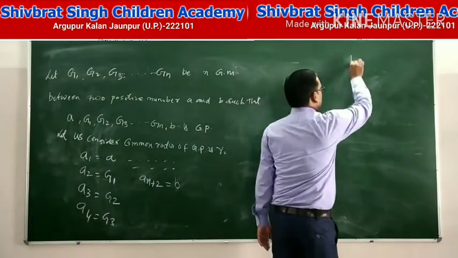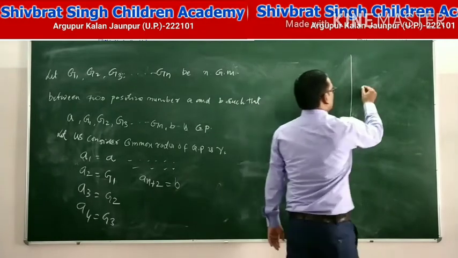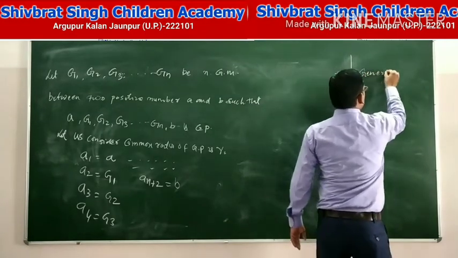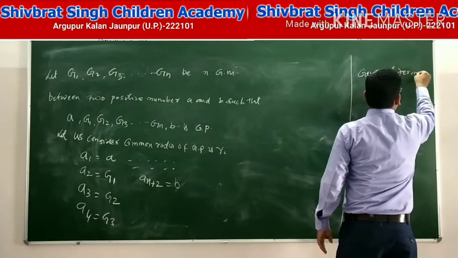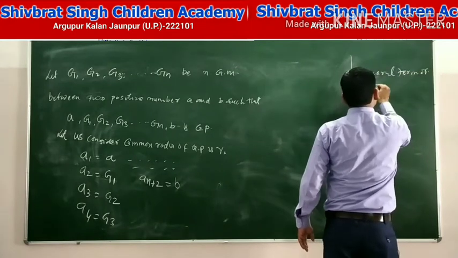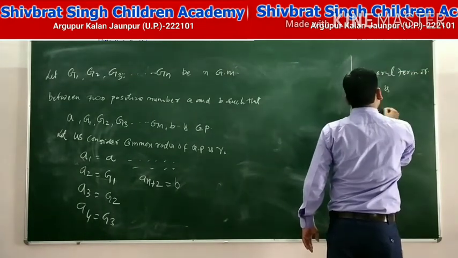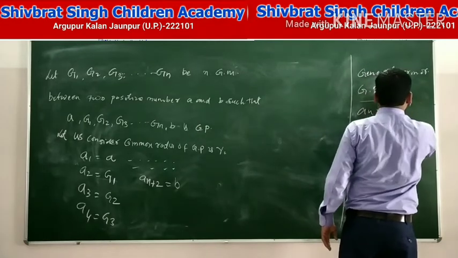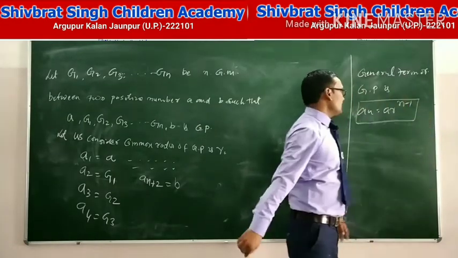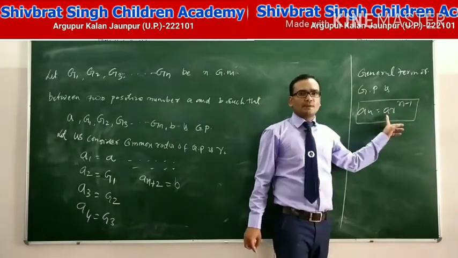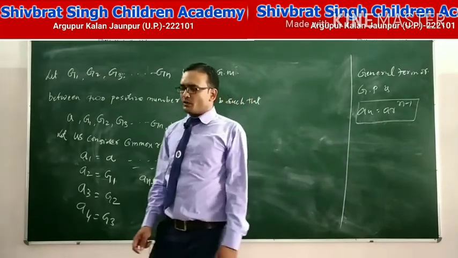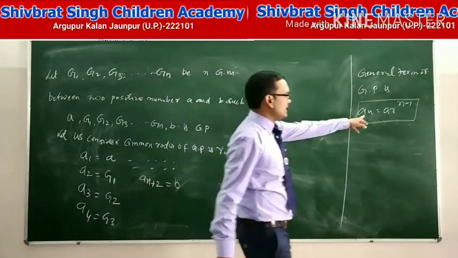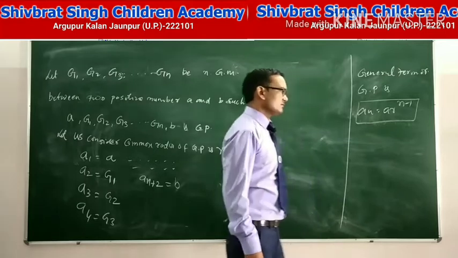In a previous lecture we have learned the general term of a GP is an equal to a r to the power n minus 1, where a is the first term of the GP, r is the common ratio, and n is the nth term of the GP.